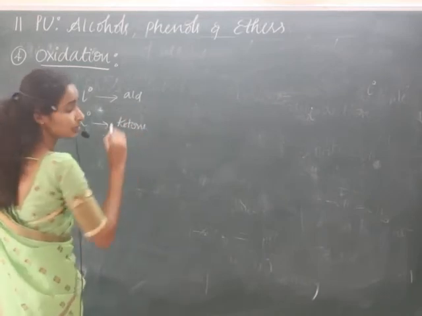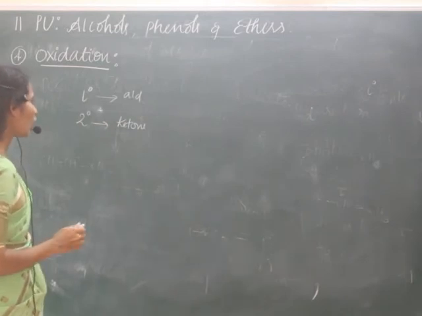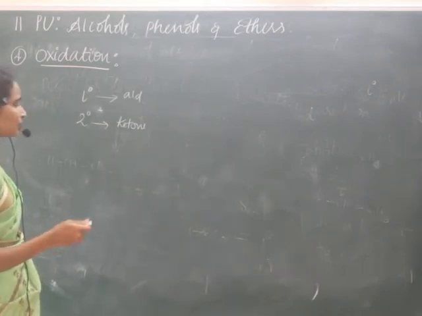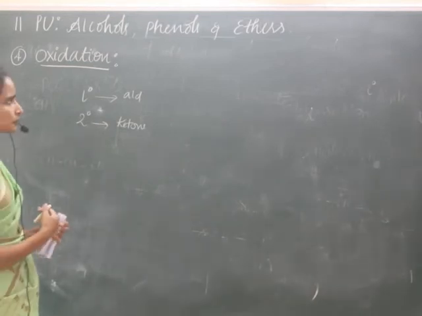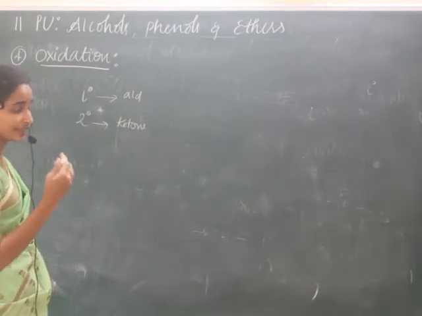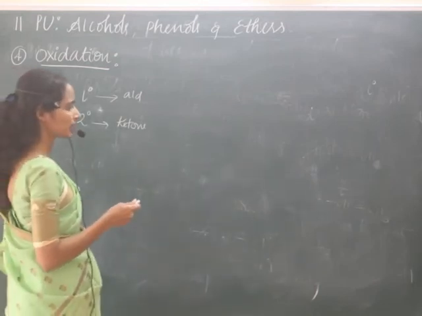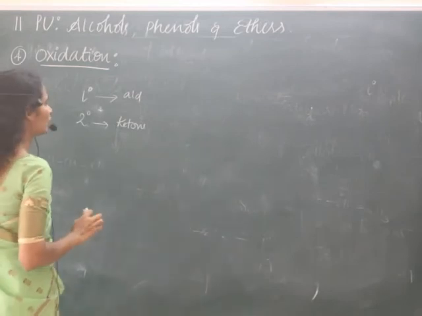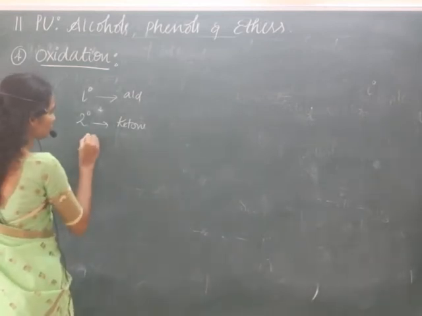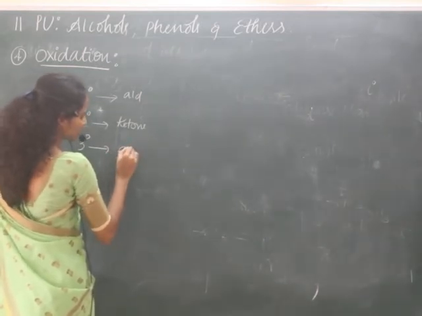Tertiary will not undergo oxidation easily, but in presence of good conditions, high temperature and a good oxidizing agent like potassium permanganate, formation of carboxylic acids takes place.